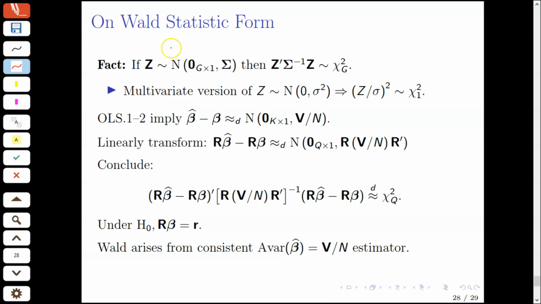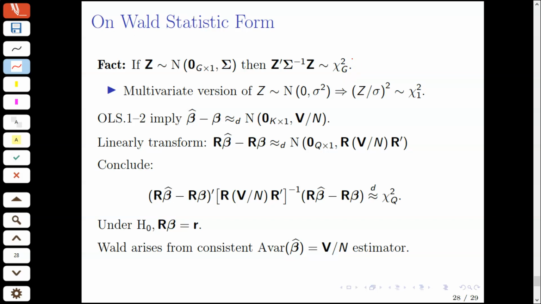If Z is a normally distributed random vector of dimension g, or length g, with 0 mean and some variance matrix, let's call it capital sigma, then if we construct the quadratic form with the inverse variance matrix, the inverse of sigma, in the middle, and sandwich it by the vector Z in order to construct a random variable, then that random variable is chi-square distributed with g degrees of freedom. Again, g being the length of the random vector Z.